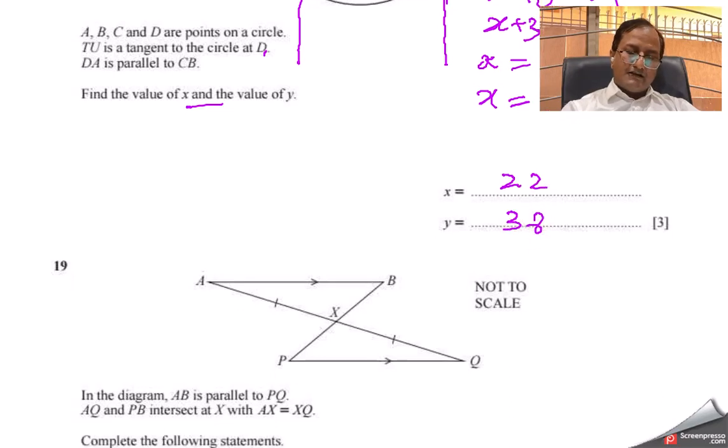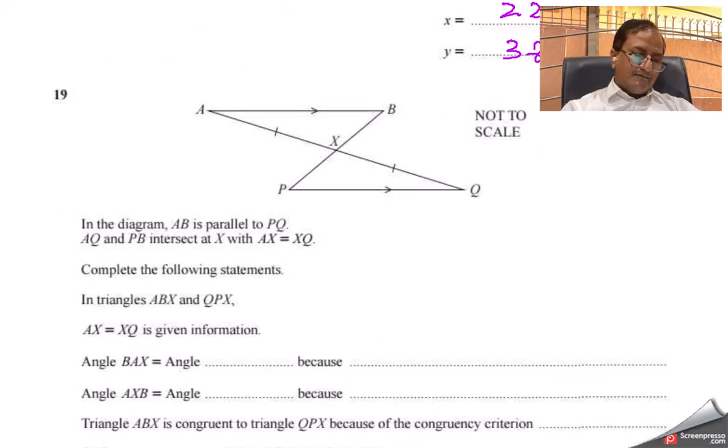Okay, in the diagram AB is parallel to PQ. AQ and PB intersect at X, with AX equals XQ. Complete the following statements.